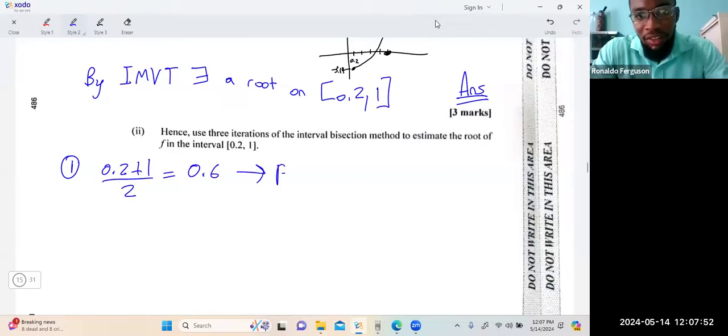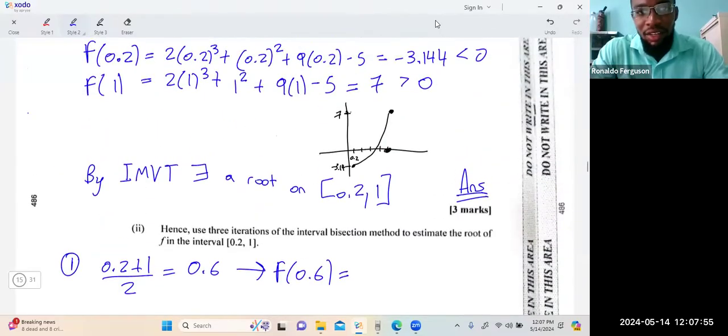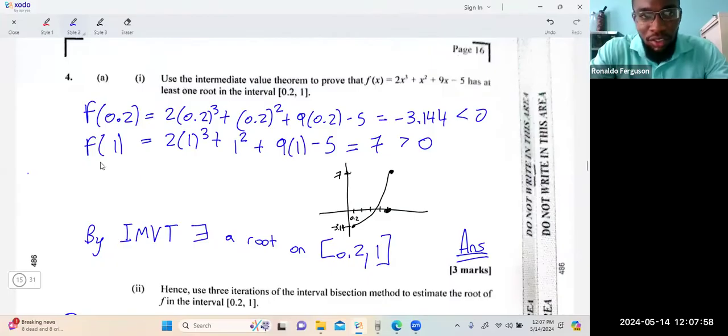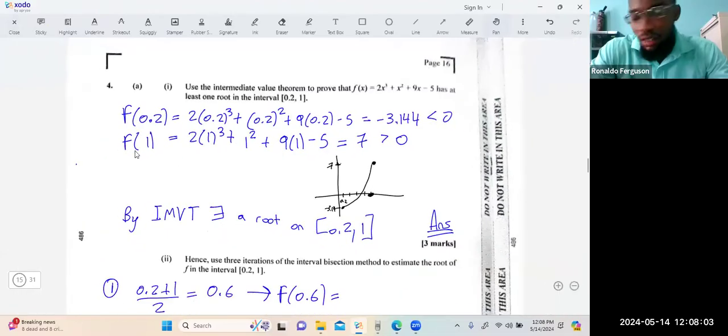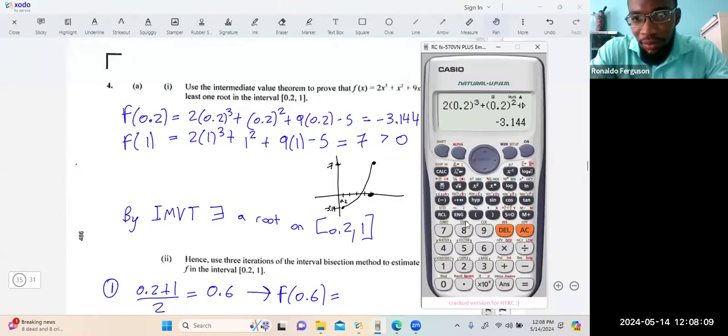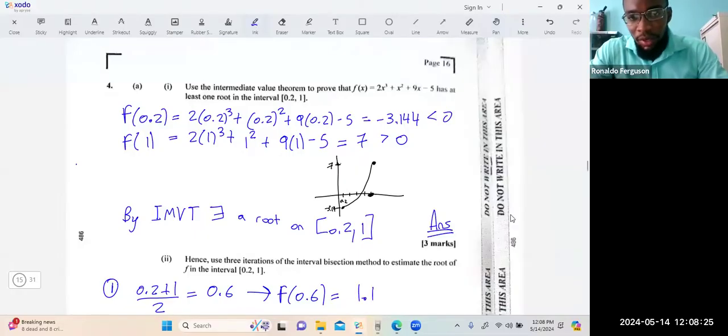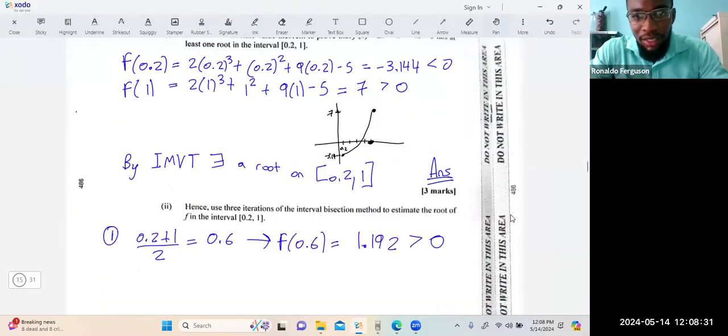Now we need to evaluate f of 0.6 in the original cubic function, changing 0.2 to 0.6. That gives us 1.192, which is greater than 0. So that means the root lies between 0.2 and 0.6.